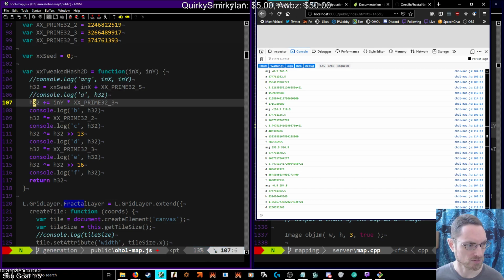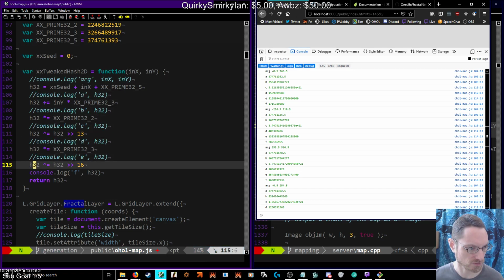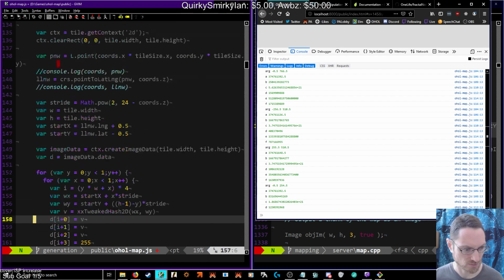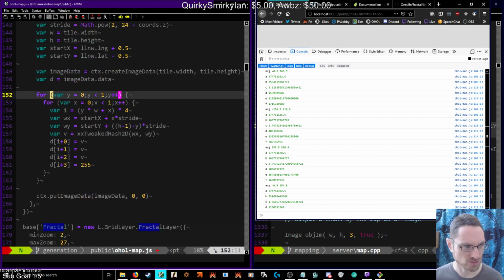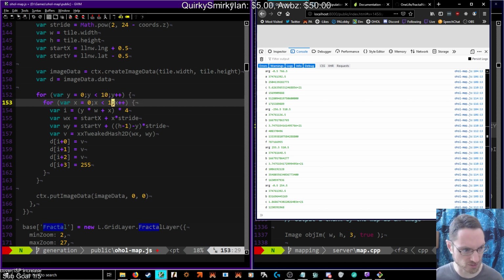Probably need like a debug toggle for this or something. All right, let's all the same expand this a little slowly.